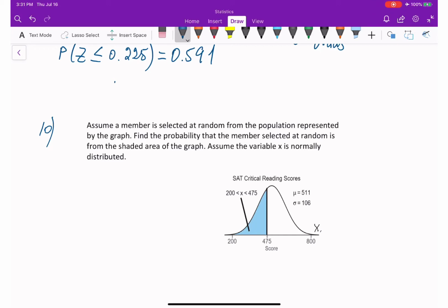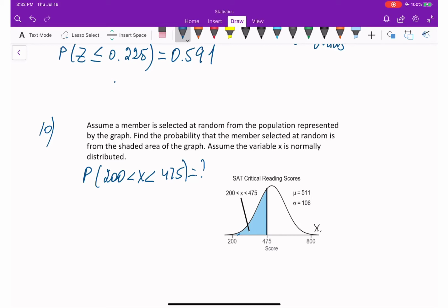Okay, we need to find x. That is, we need to find the probability of any x in the shaded area, which means we need to find the probability of x greater than 200. Hold on, it's looking horrible. 200 less than x less than 475 equals question mark. That's what we need to find.